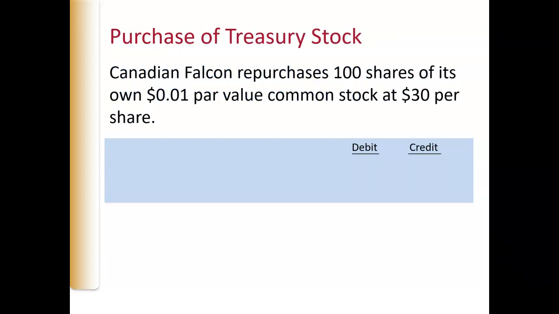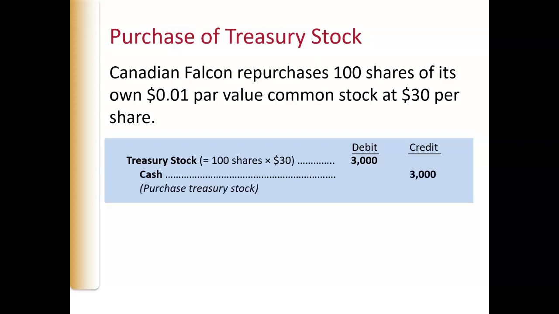When Canadian Falcon repurchases 100 shares of its own 1 cent par value common stock at $30 per share, we will debit the entire amount to treasury stock and we credit our cash. Okay? So we don't worry about additional paid-in capital or any of that when we purchase our own stock. It all goes straight to treasury stock.